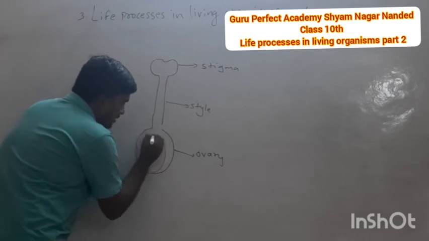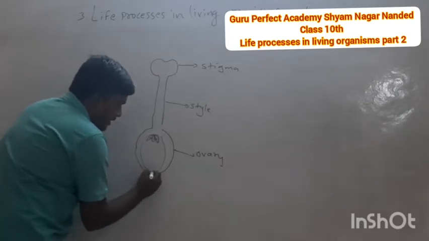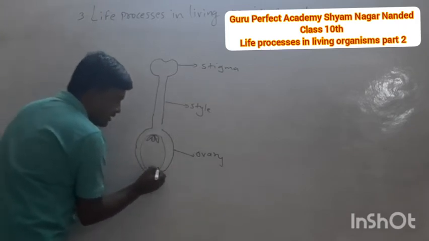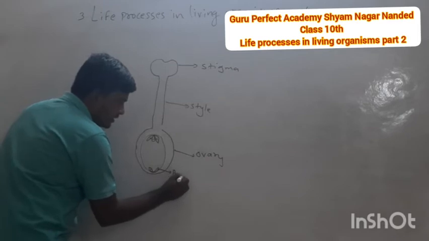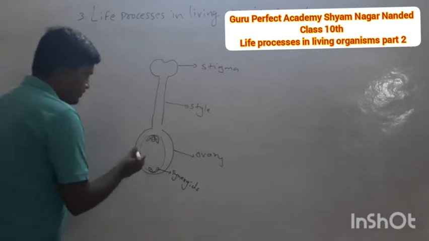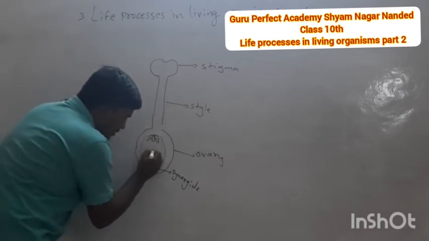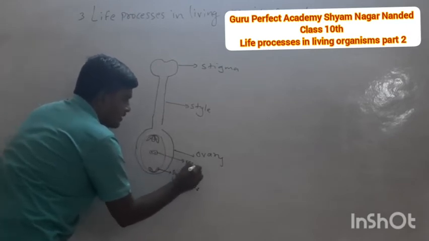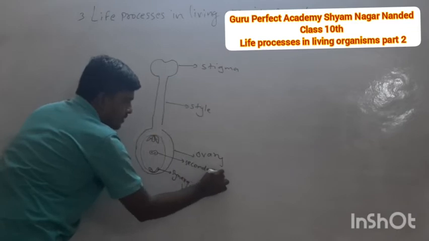Upper three cells are called antipodal cells. Below, two of the three cells are called synergids, and we have a diploid cell that is called the secondary nucleus.